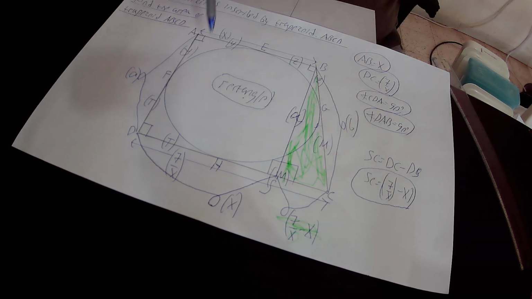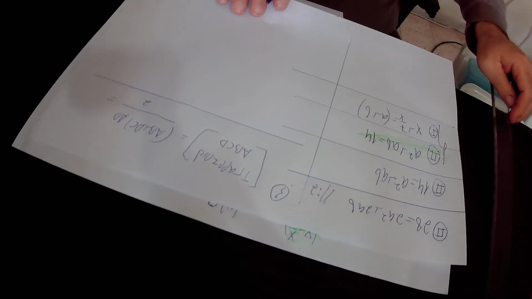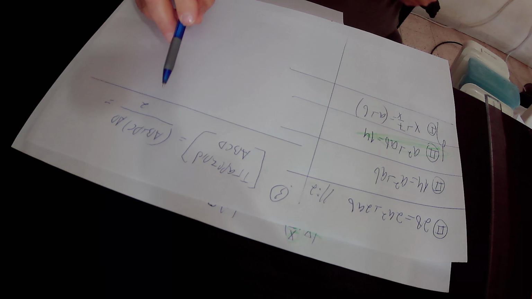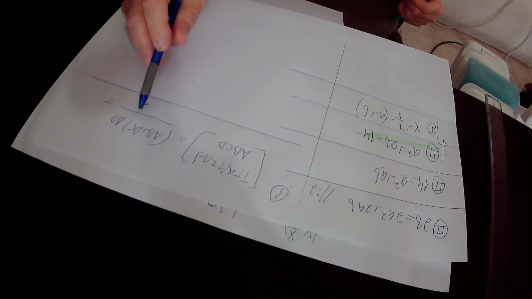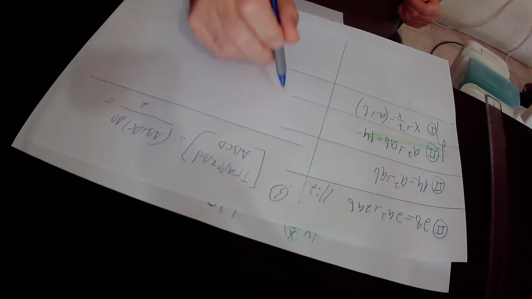And therefore, the height to the base is AD, divided by 2. So in conclusion, we found that the area of trapezoid ABCD equals the sum of its two bases, AB plus DC, times the height, that is AD, over 2.